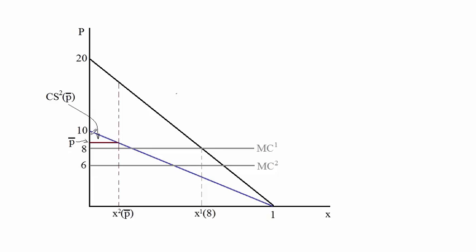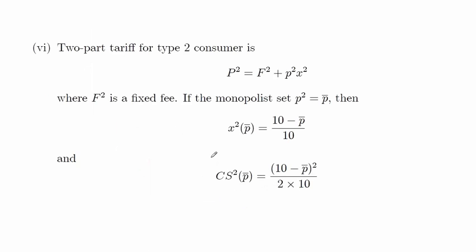So I multiply both sides of this right triangle and multiply by 1 over 2, so that's going to be the area of this triangle, which is the consumer surplus of type 2 consumers. That's how I get this consumer surplus, and that is going to be our fee.